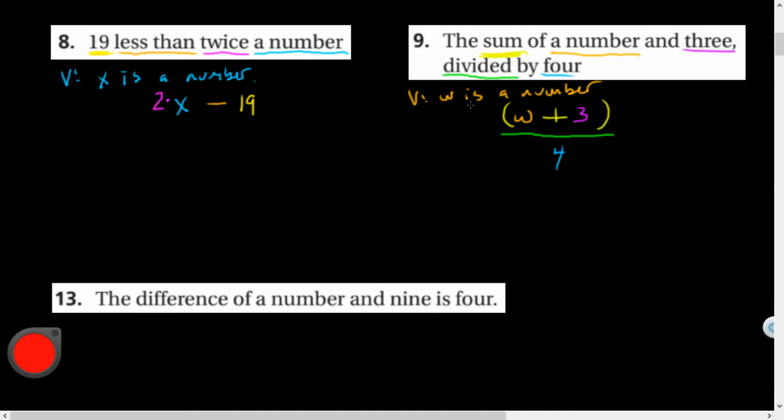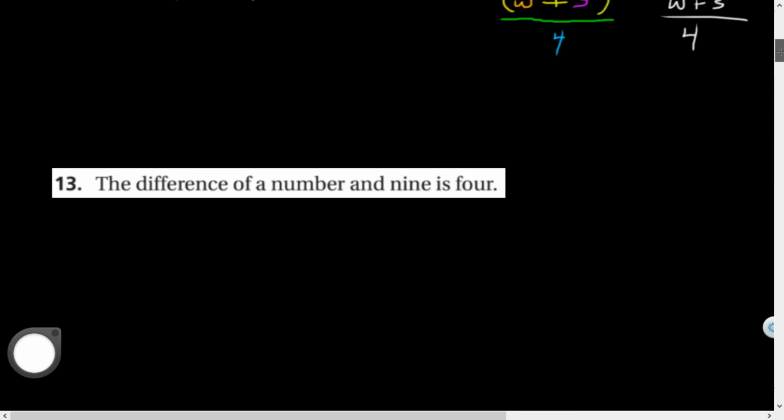However, an equally valuable solution would have been to write W plus 3 all over 4, because this fraction bar, referred to as a vinculum at times, is a type of grouping symbol. So I could drop those parentheses after the fact, but that's some simplification that's happening. I would prefer you to just give me the straight interpretation of that problem.